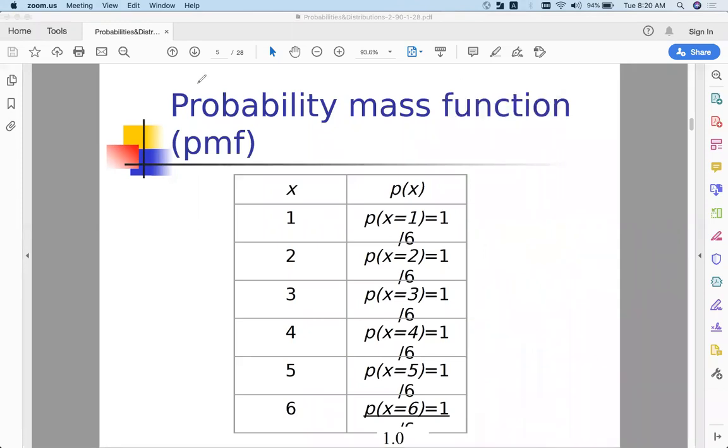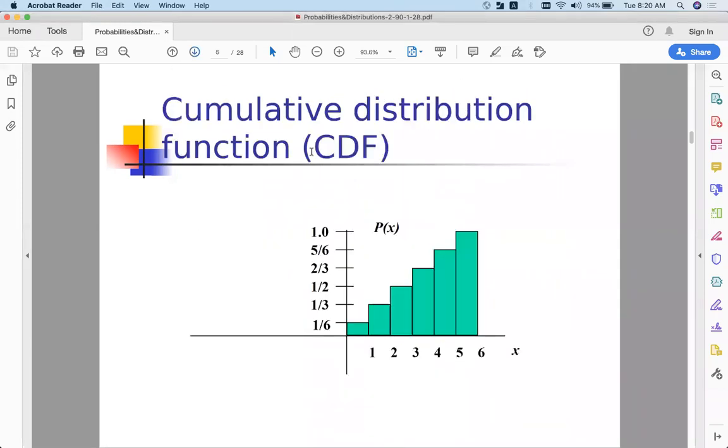So this is called your probability mass function. Another theoretical concept is the cumulative distribution function. CDF is nothing but you add them up. For example, the probability of 1 was 1/6. Now, when cumulative, whatever value you get, you keep on adding to it.